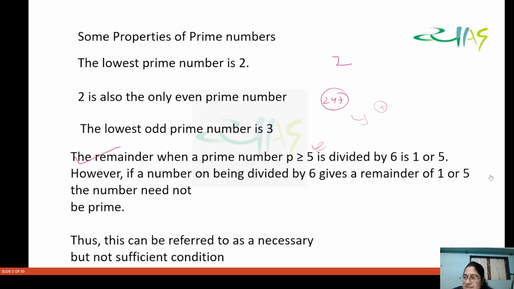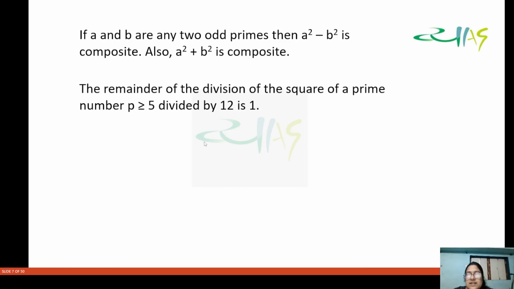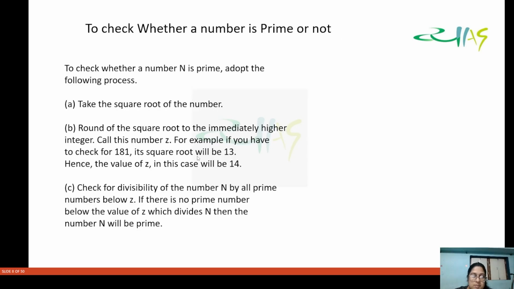Okay, but see, sometimes these kinds of conditions will be given in the question and then you have to guess whether it's a prime number or not. So they will definitely give you a hint in the question. All right. You will not find a question specifically on this, but they will be applicable within some other question. Okay. So here we are just focusing on the properties.